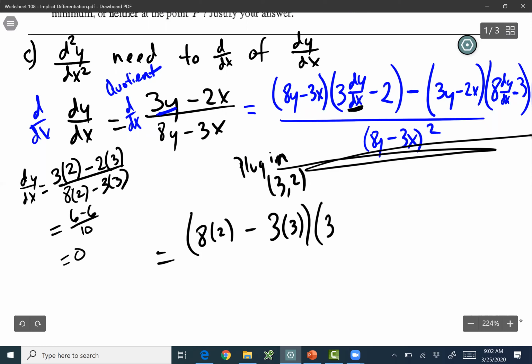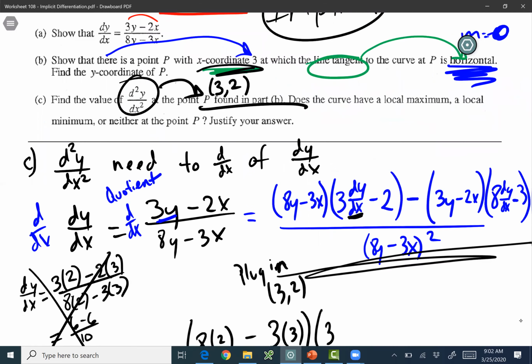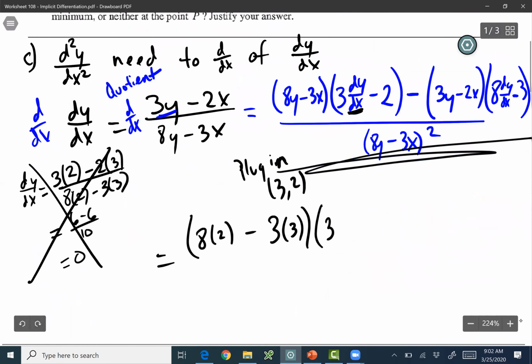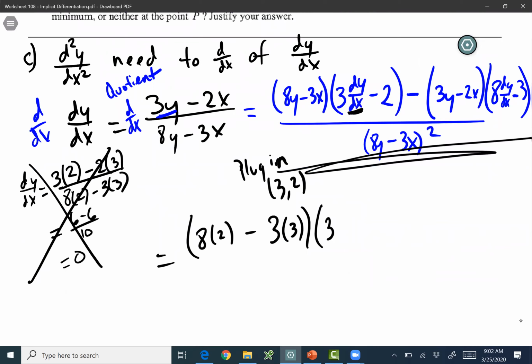Now, if you were smart about this one, and a lot of times they do this, you actually didn't have to do this. If you were smart, you could have just realized, hey, wait, in point B, it was horizontal, the slope was 0, right? And in our x1, y1, m, we had already found that it was 0. So if you plugged it in, you'll get 0 anyways, but if not, we kind of should have known that.